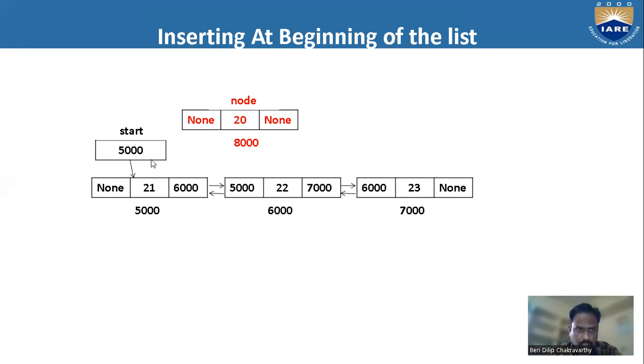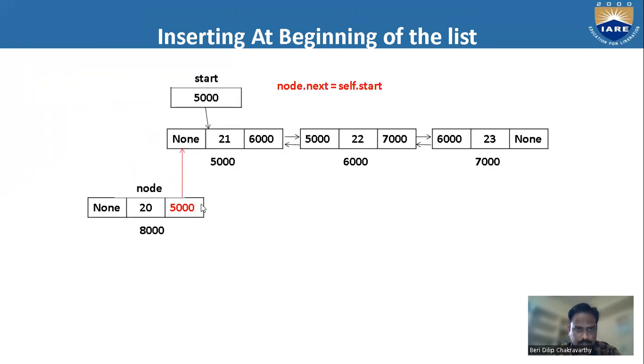Then here I need to store the address of 8000. In the next part of 20, I need to store the address of 21. Observe this diagram clearly. This is the list, and I'm trying to insert 20 here.